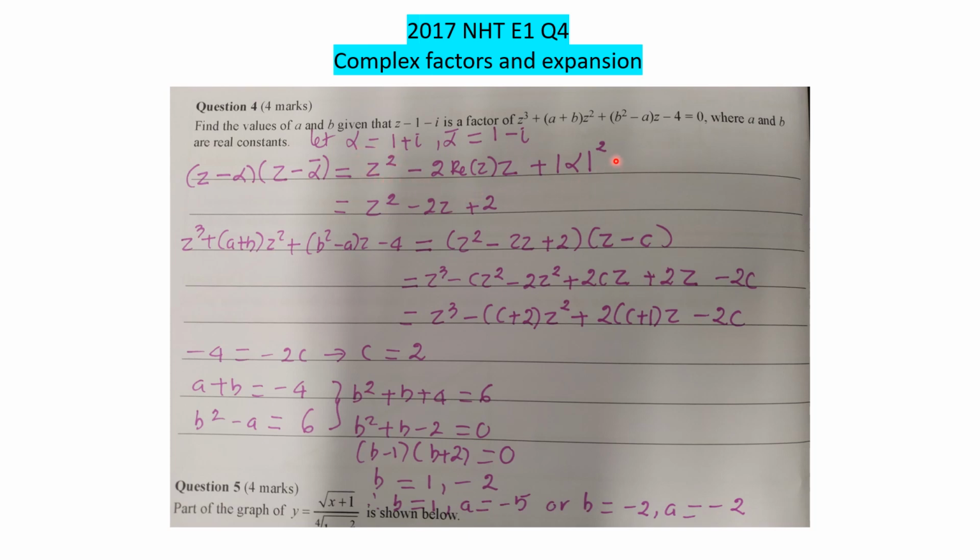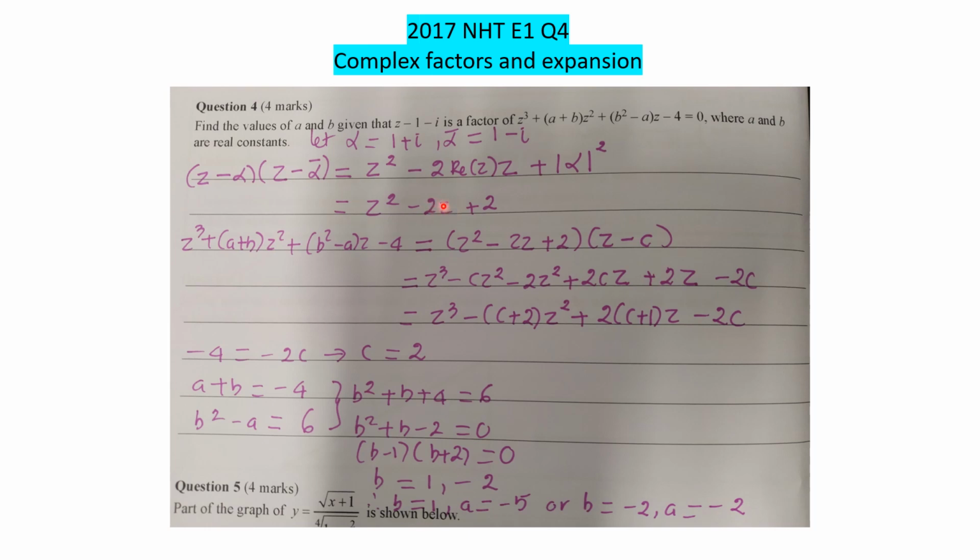You can memorize this or you can just quickly expand now and then collect like terms. That doesn't take long. So in the end, the real part of z is equal to 1, so that's why that becomes 2 here.